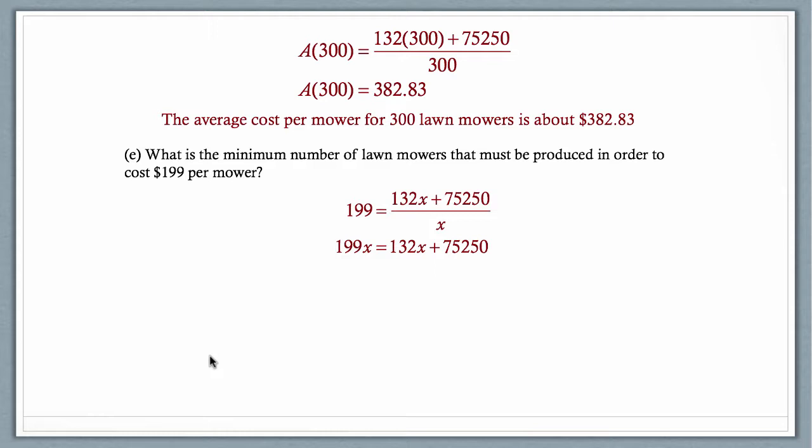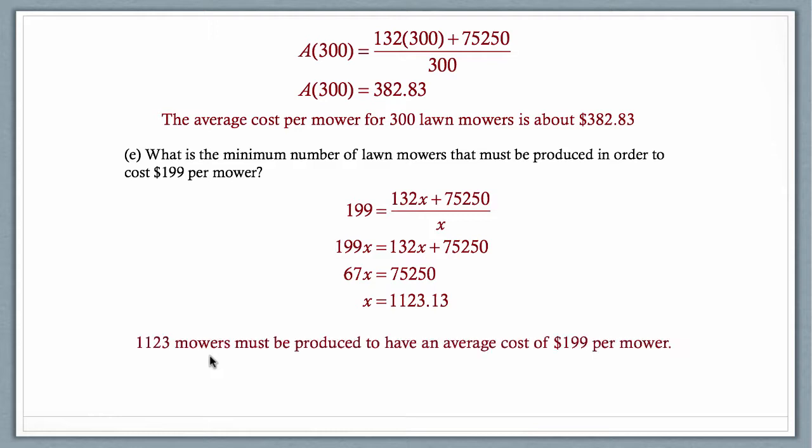And now it's just a linear equation. I'm going to subtract 132x from both sides. I get 67x is equal to 75,250. And then all I have to do is divide by 67. I get that we should produce about 1,123 mowers to have an average cost of $199 per mower.